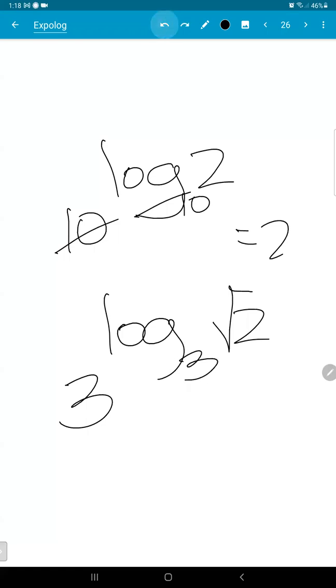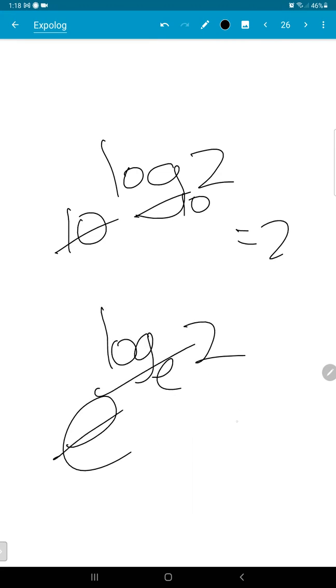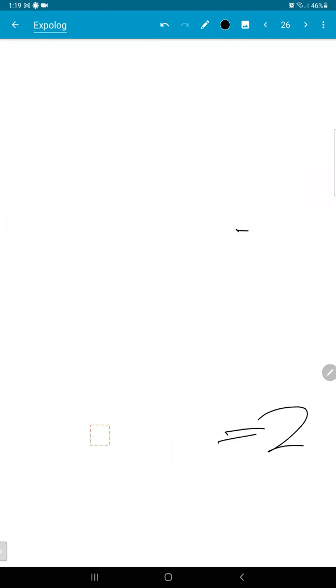So we get back to the input square root of 2. How about this one? e to the ln 2. Okay, 2. This is just base e, remember? Logarithm base e. So they cancel each other out. Get back to 2. So again, yes, that's correct.